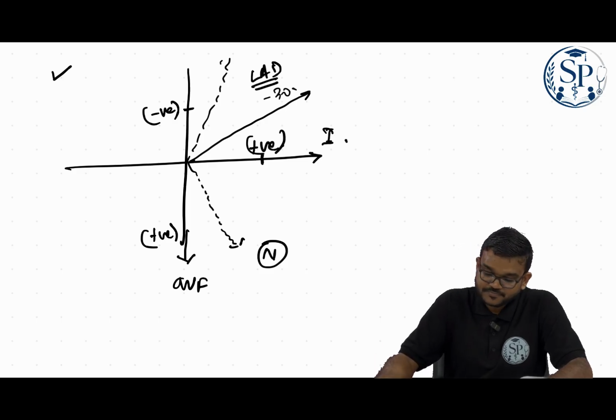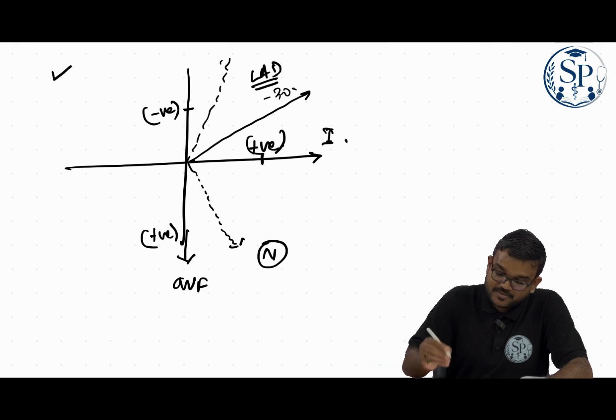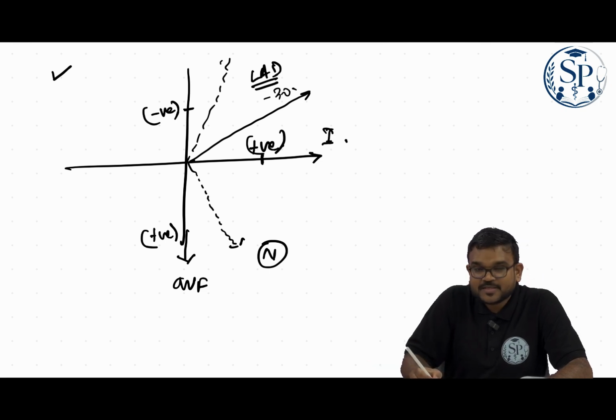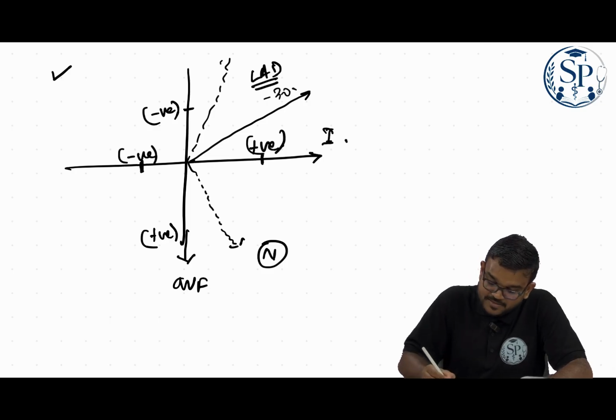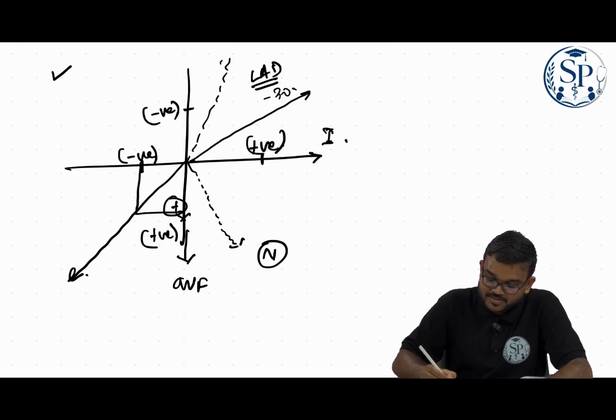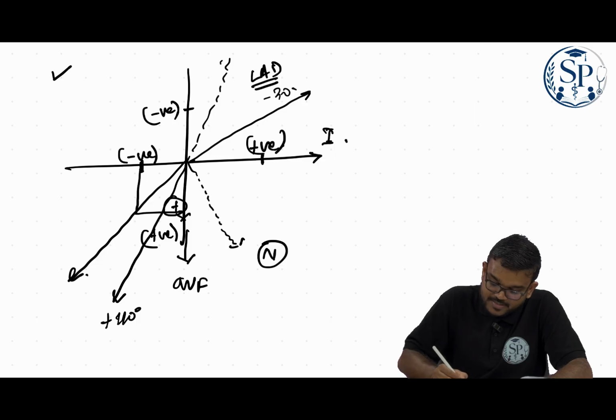Okay. Then another concept: if the R minus S in lead 1 is negative in this direction and the R minus S in this direction is positive, the resultant will be in this direction, which is beyond plus 110. It is right axis deviation.